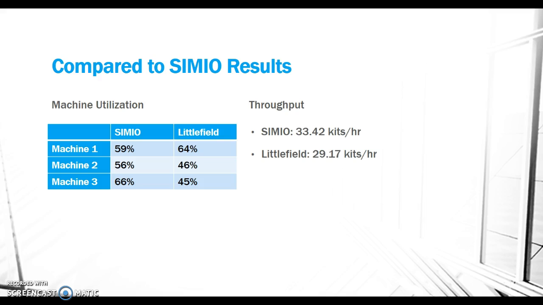In hindsight, if we were to do Littlefield all over again, there are things we would do differently, like starting at a different time and buying and selling machines differently. Those are lessons we've learned through this project. The other thing we look at is throughput. In SIMIO, we had 33.42 kits per hour, and in Littlefield we had 29.17 kits per hour. So again, a fairly accurate model, with a lot of room for improvement.